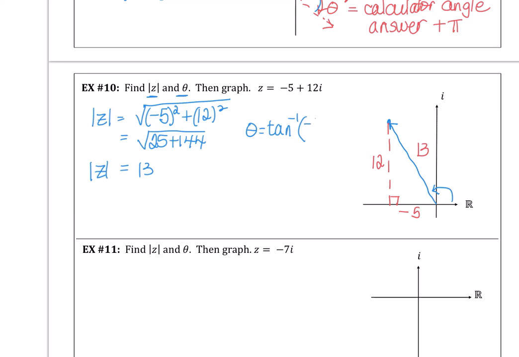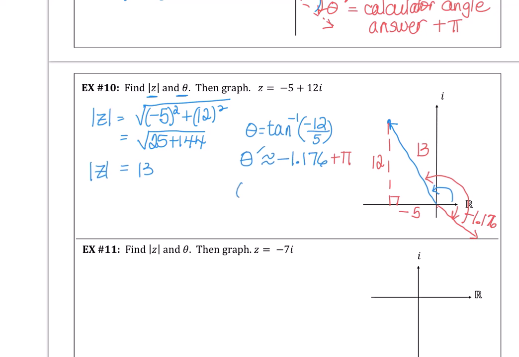Now, using our calculator, we want to find the angle where the tangent is y over x, or b over a. And our answer becomes -1.176. So where is that? Think about that restriction. Our calculator gave us this answer, -1.176, and we want to add pi back to that to get back to our angle in quadrant 2.